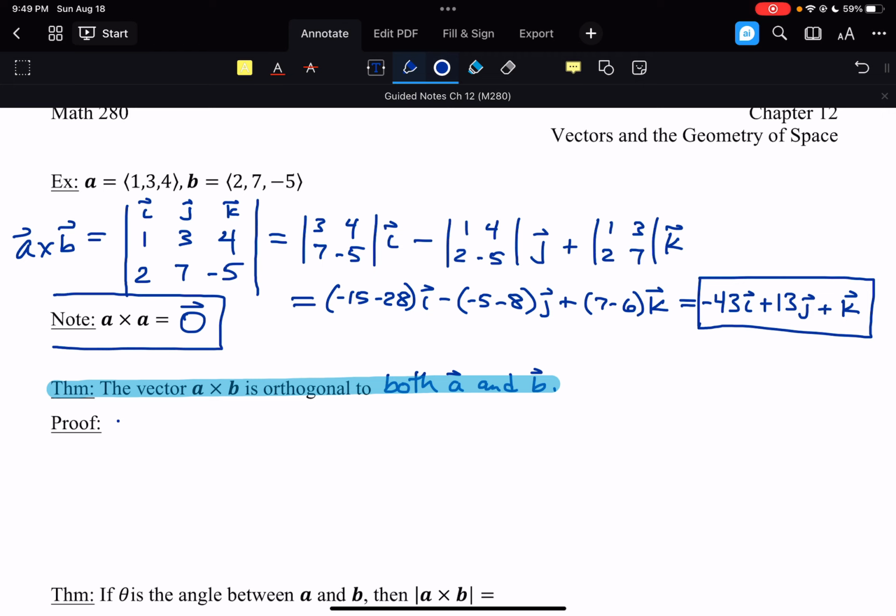So if we take A cross B and we dot it with A, if we can get 0 out of this, then they are orthogonal, and that would suffice as the proof. So, get A cross B.